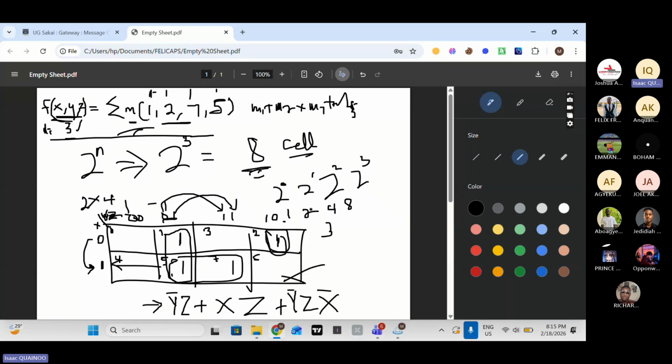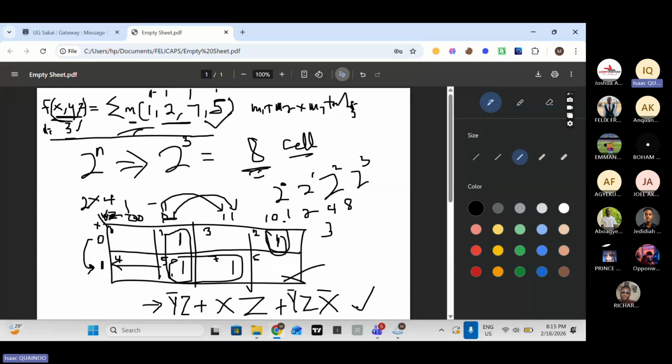So from this, we can deduce that the corresponding expression for this particular problem here is x bar z plus x z plus y bar z x bar, and that becomes our final answer for this particular problem.